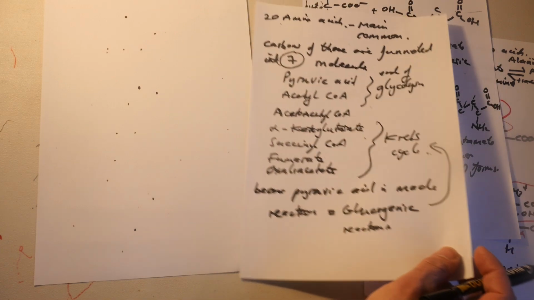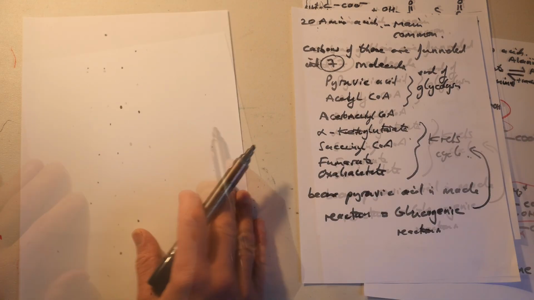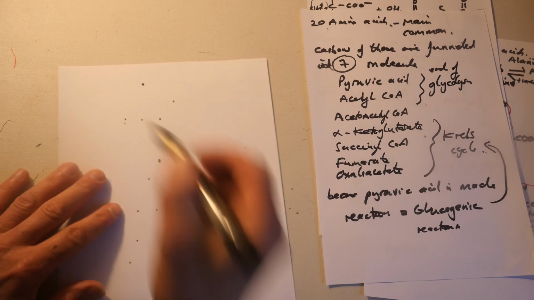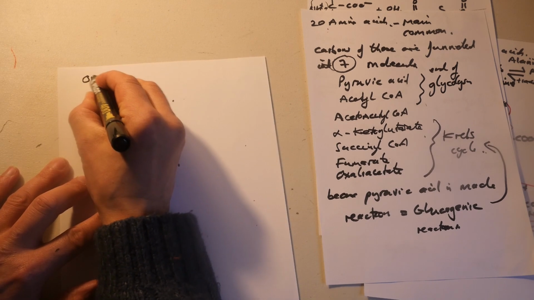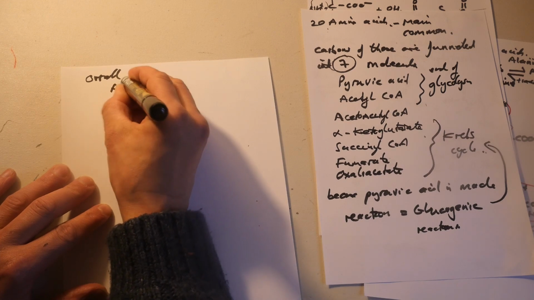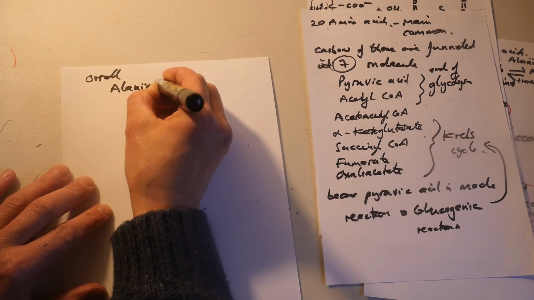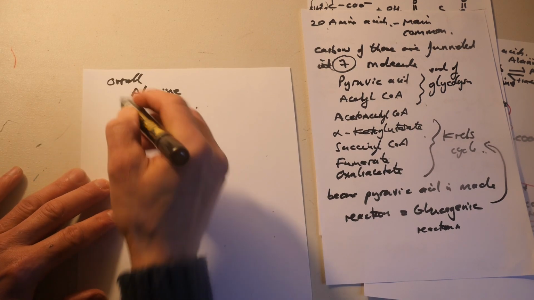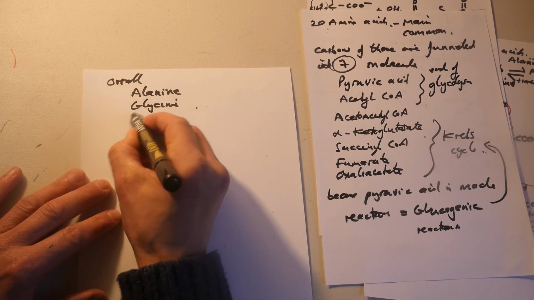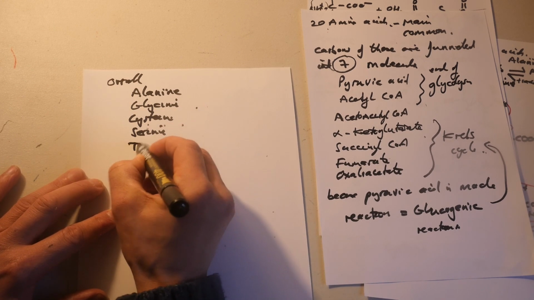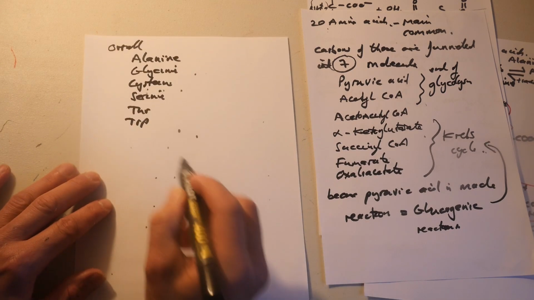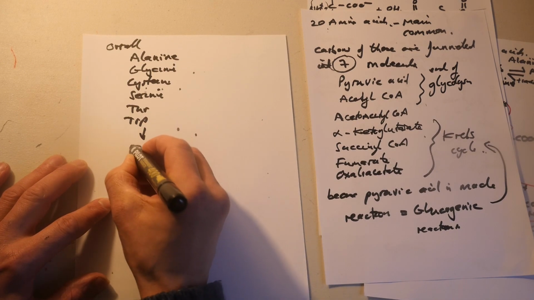So this can be summarized: I should say overall, you get alanine, glycine, serine, threonine, and tryptophan.